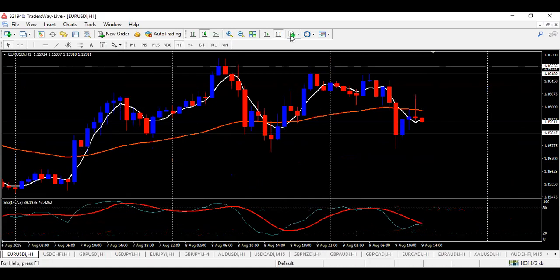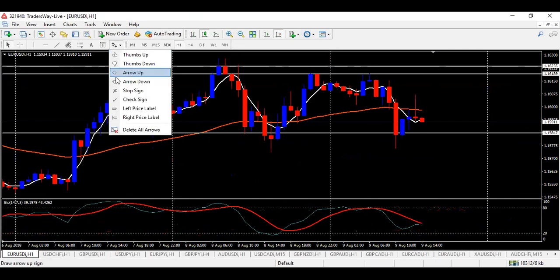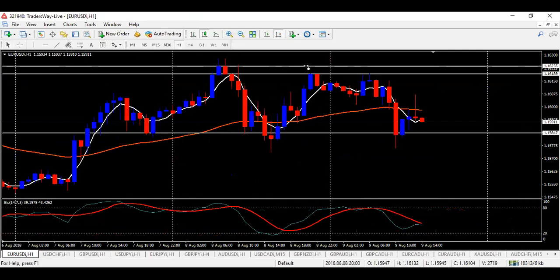For my people who are new, this is the teacup strategy that I teach. Basically, it's an easy strategy, right? Bullish, bearish, lower low. This third candle is the key component to the whole teacup strategy.